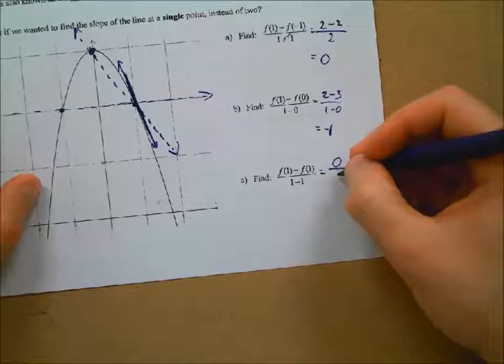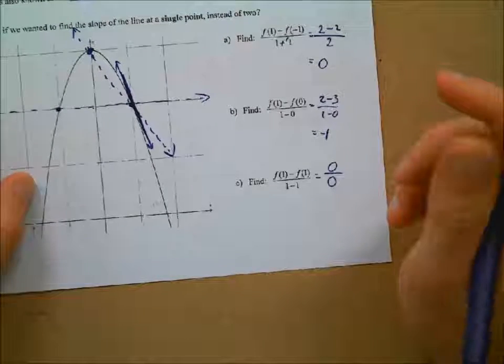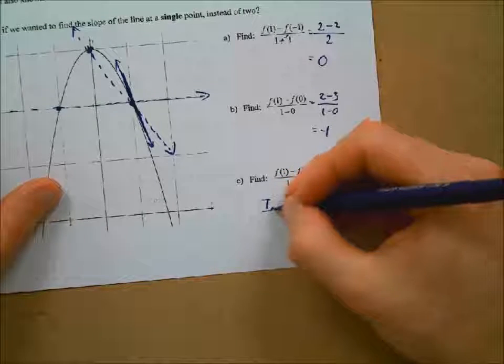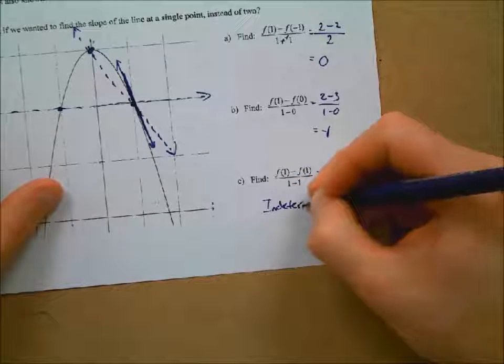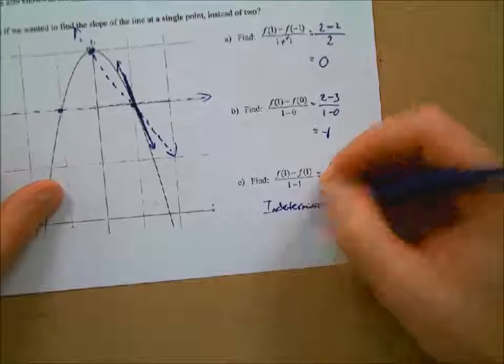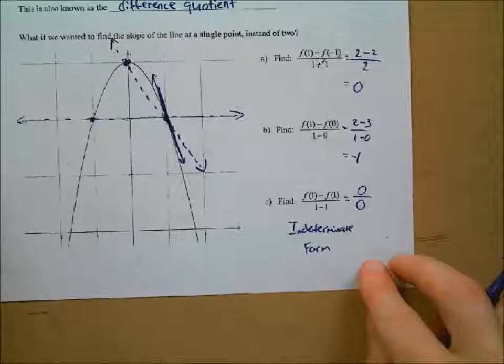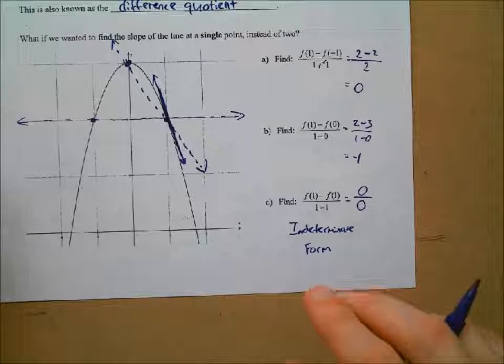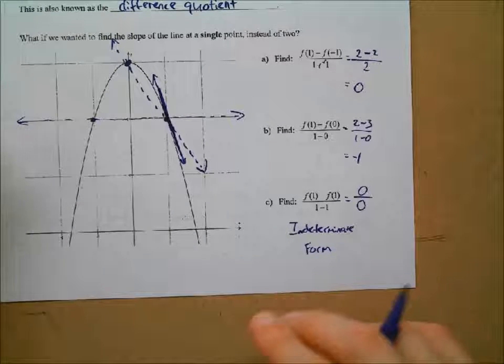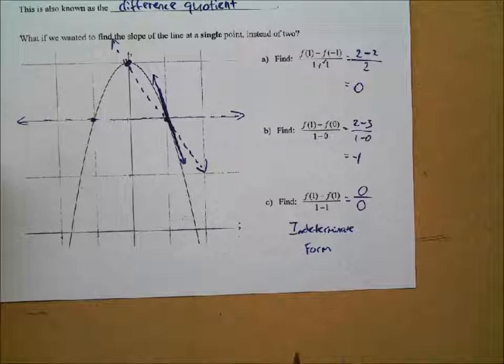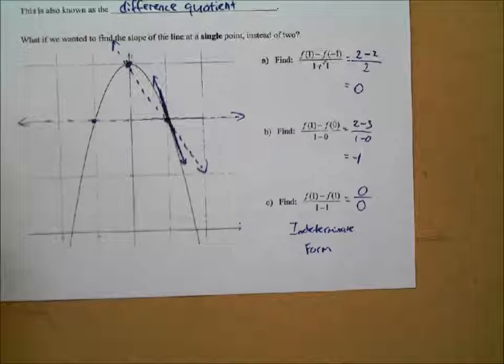And what is this? Indeterminate form. Our slope formula fails us when we're trying to find the slope at a single point, because you have to use the same point twice.